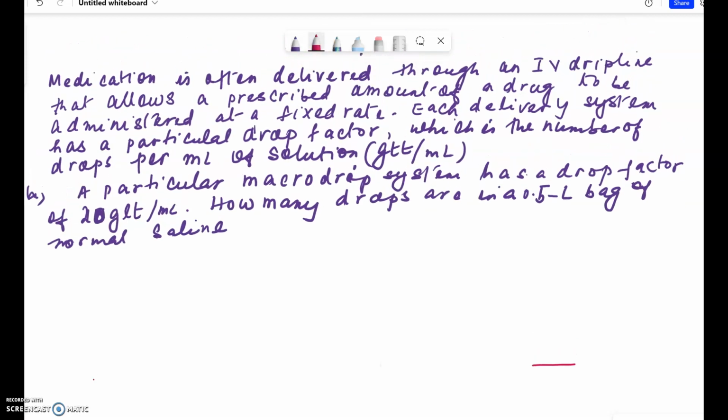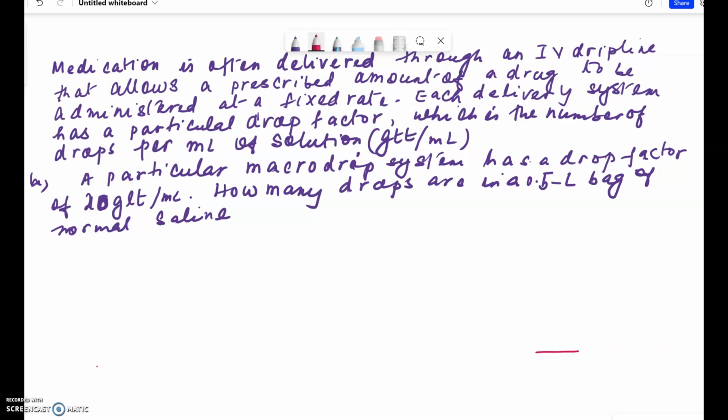Medication is delivered through an IV drip line that allows a prescribed amount of drug to be administered at a fixed rate. Each delivery system has a particular drop factor, that is, how many drops per 1 milliliter of solution, for example.